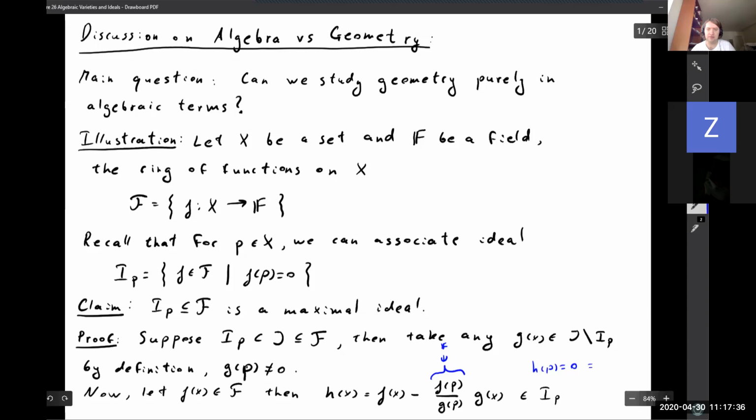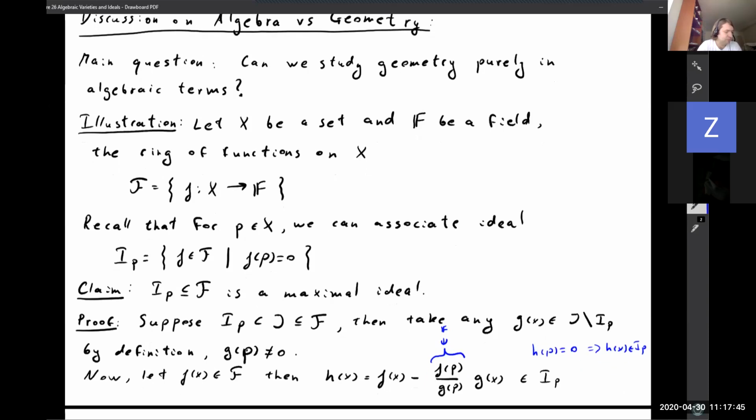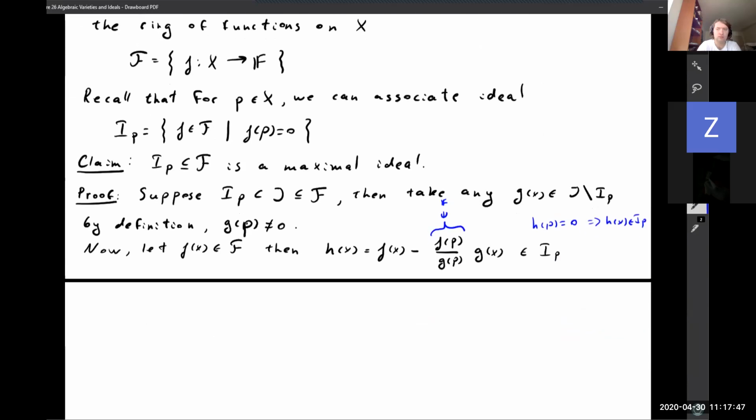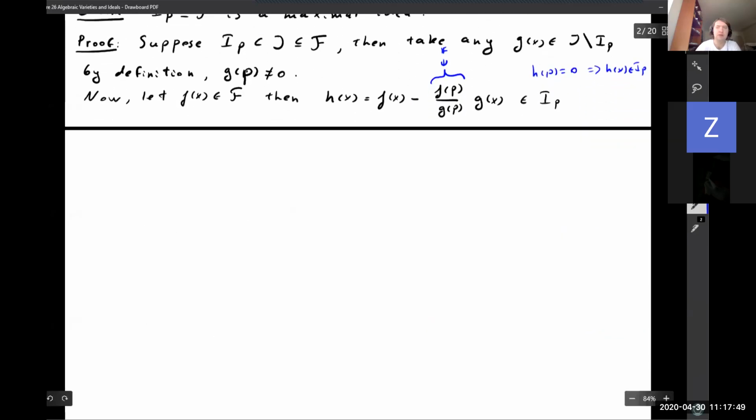So h of x is in I_P. But then what do we have?